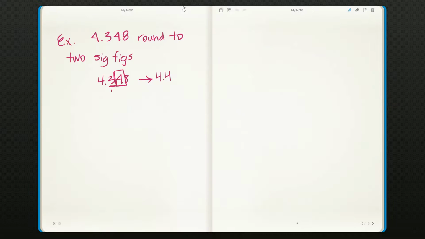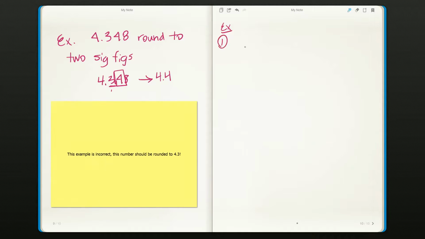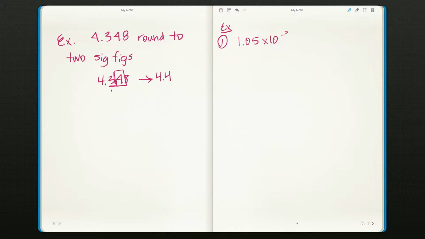Okay, now some calculation examples. So example 1, and this is a division problem. So 1.05 times 10 to the negative third divided by 6.135.